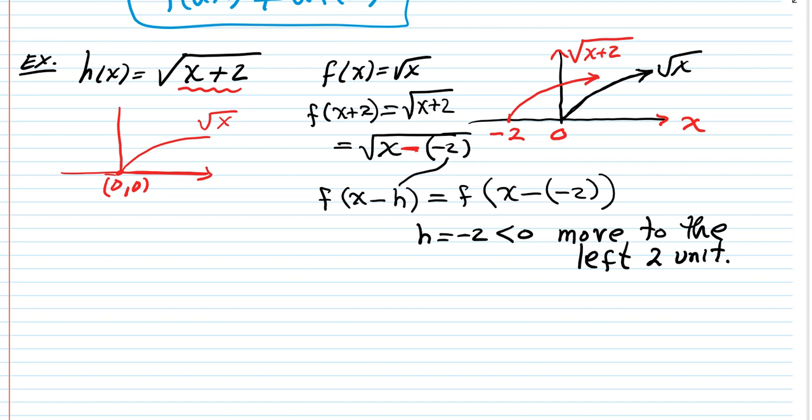So I want to see how I can make this radicand 0. Well, x plus 2 must be 0. That means x is negative 2, right? 1, 2. So here's negative 2. So what makes the radicand 0 in the square root? And then redraw that. In other words, your point 0, 0 is now moved to negative 2, 0. So that 0 is here now, the 0 for y. That would be another way to do this.